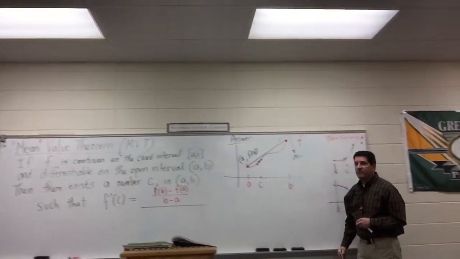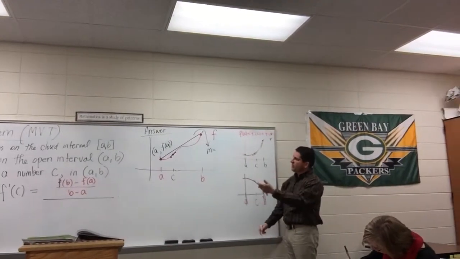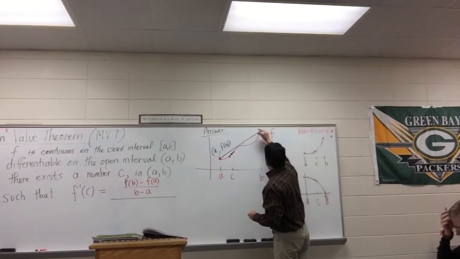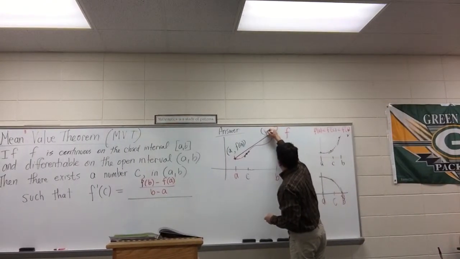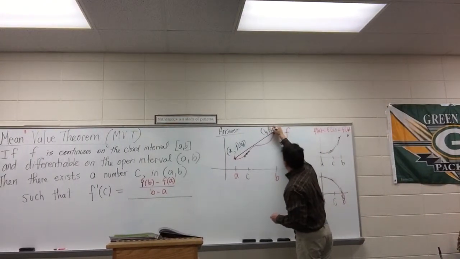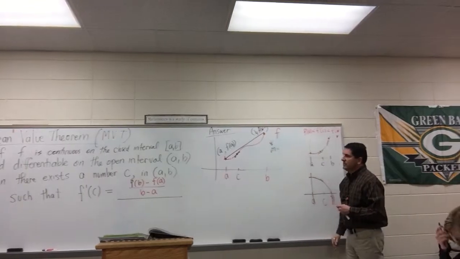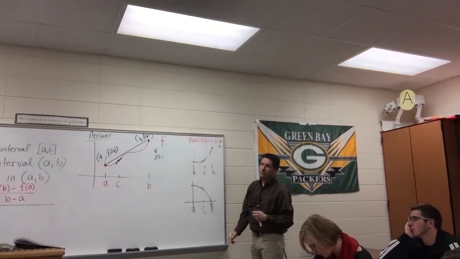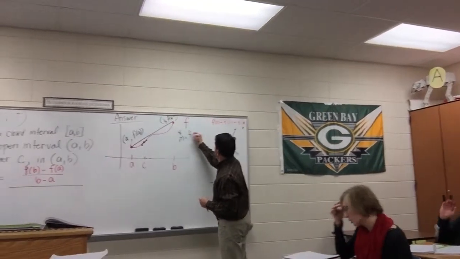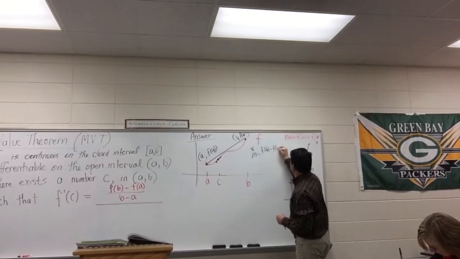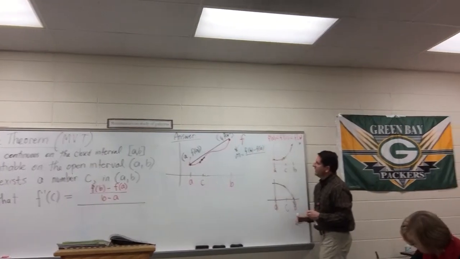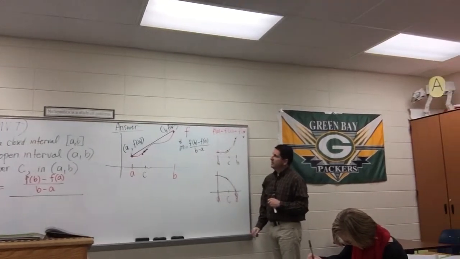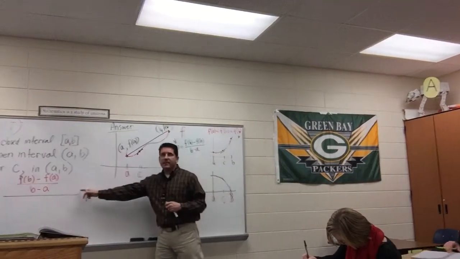You see what I'm saying? That's the coordinates of that point. It's a, and then you plug it in the function, and you get f of a. Then what are the coordinates of this point? B, comma, f of b. So what's the slope of the line that connects the two? Well, f of b minus f of a, that's the change in y over the change in x, which is what this is here.